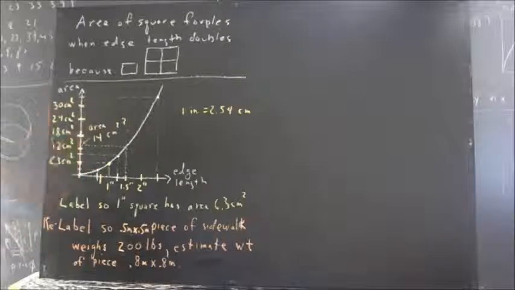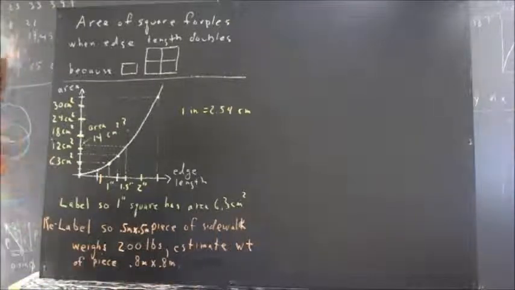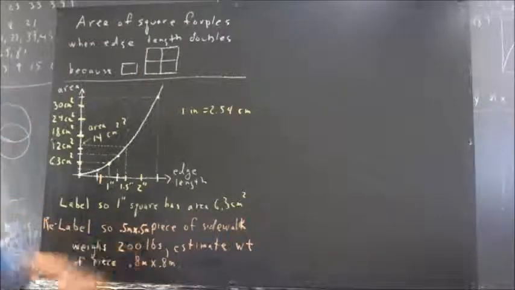This graph can help us see that that's a completely wrong result and can help us correct that procedure, or can serve as a ballpark estimate. If we're just talking about what do we need in order to handle this bigger piece of concrete, then we can see if it's realistic to try to lift it with, say, 3 or 4 people, or with 2 people, or if you're really strong, with 1 person. I wouldn't recommend it.